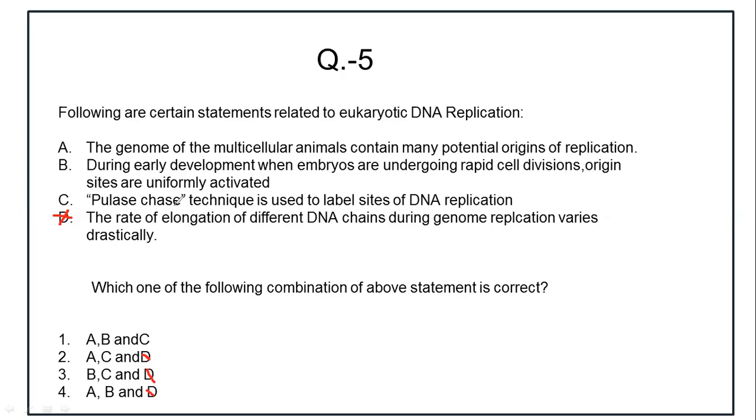From that pulse chase, Okazaki fragments were first discovered, right? That is correct. And during embryonic development, embryos undergo rapid cell division and origins are uniformly active. This is also correct. Genomes of multicellular animals contain many potential origins of replication. This is also correct. So the answer will be option A.